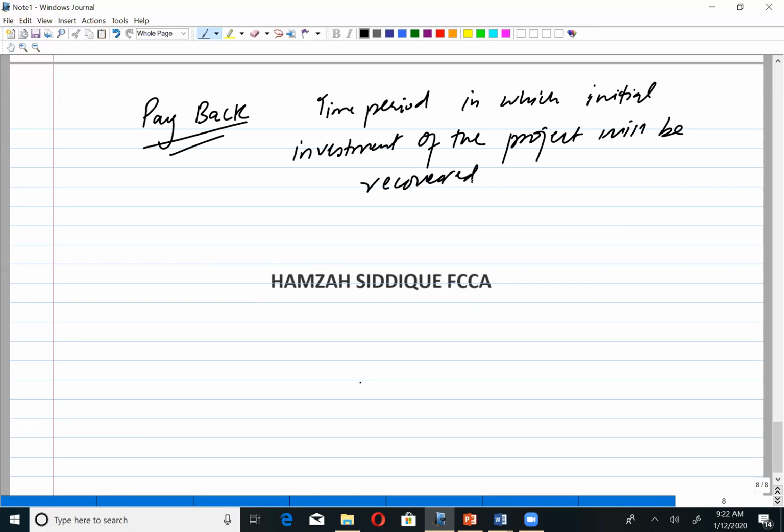Of course, every business has the first interest: we are going to make an investment, so in how much time will we get our investment back? So the payback period method is there.